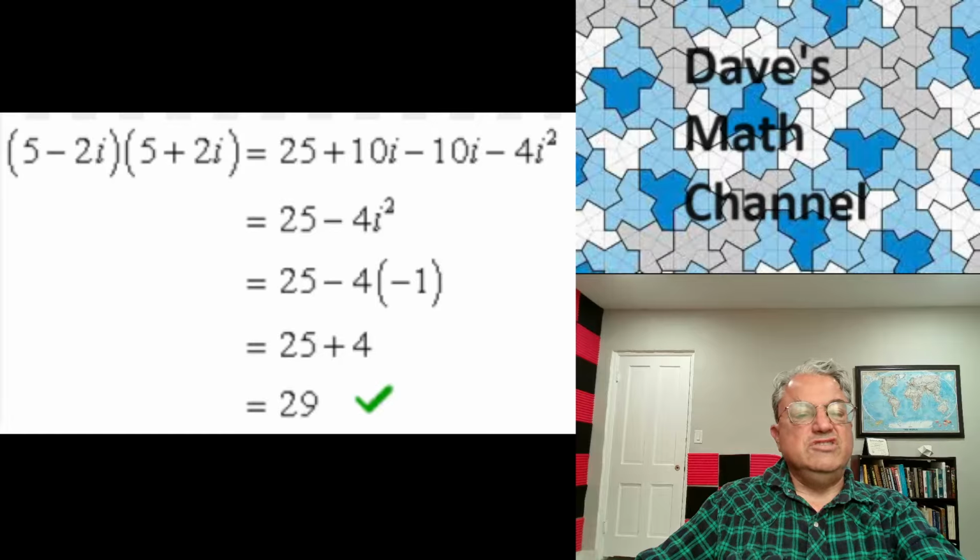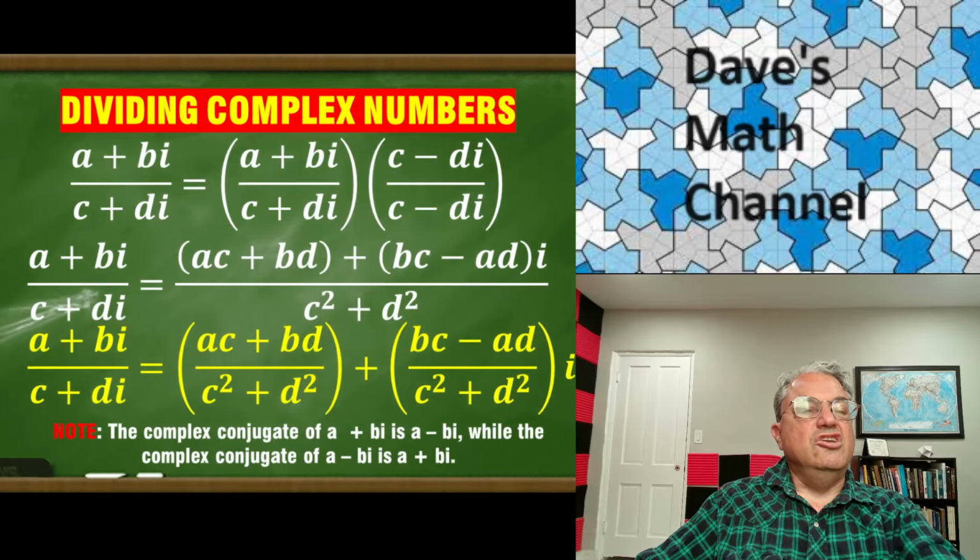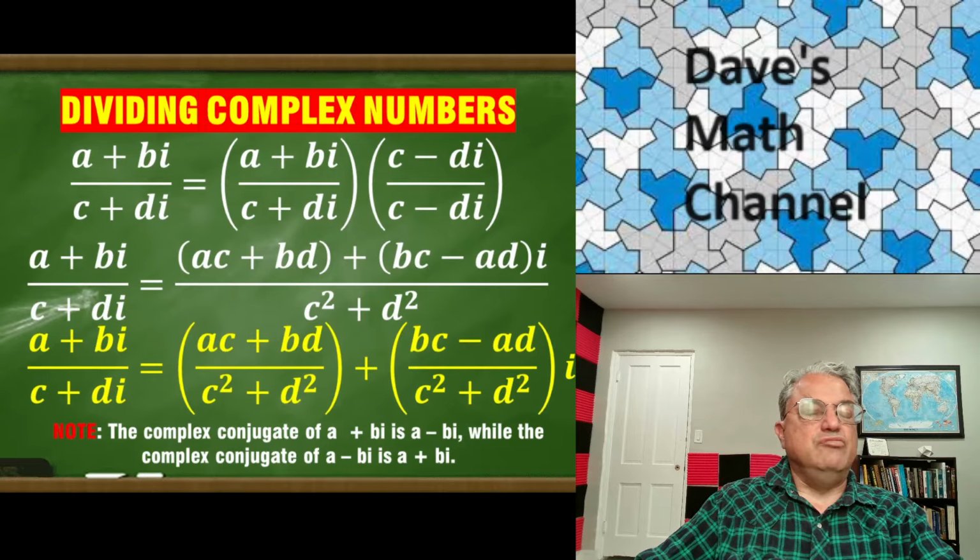So that's how you multiply a complex number by its complex conjugate. And why is that useful? Well, it's useful if you want to divide two complex numbers. This is probably the most complicated arithmetic operation we do in complex analysis.